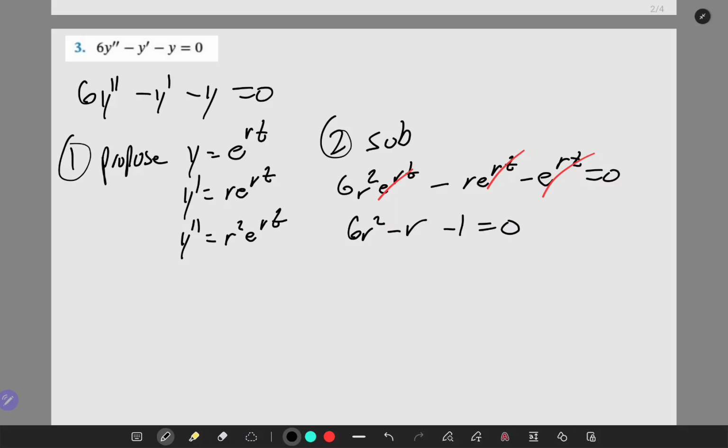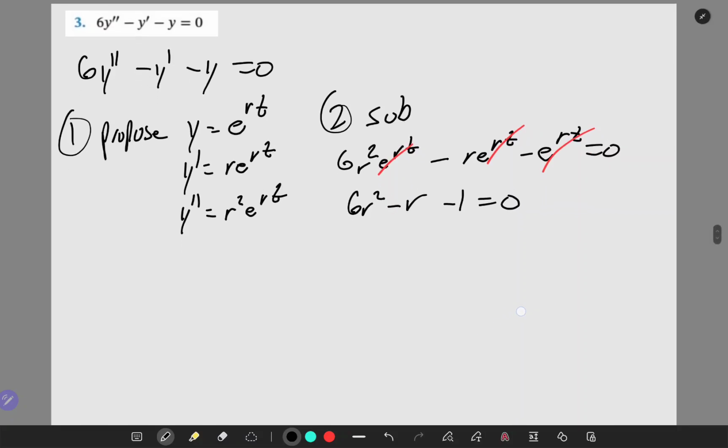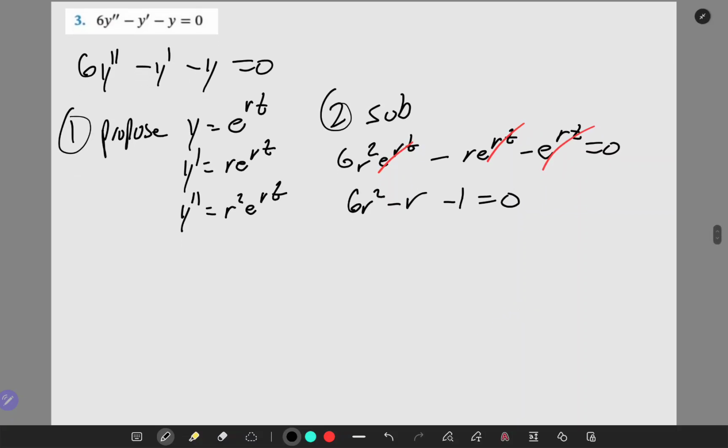Okay, for this one, oh man, we can't factor that out nicely. You have to complete the square or use the quadratic formula. I actually prefer to complete the square, but I'm forgetting how to do that at the moment, so I'm just going to play it safe and use the quadratic formula.